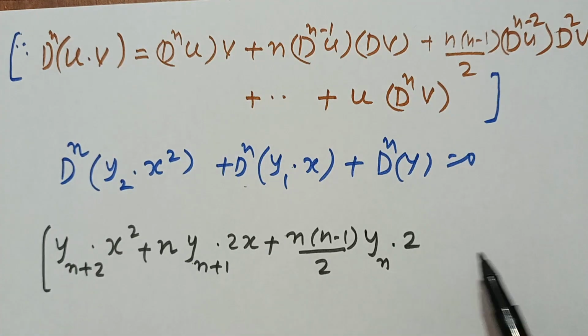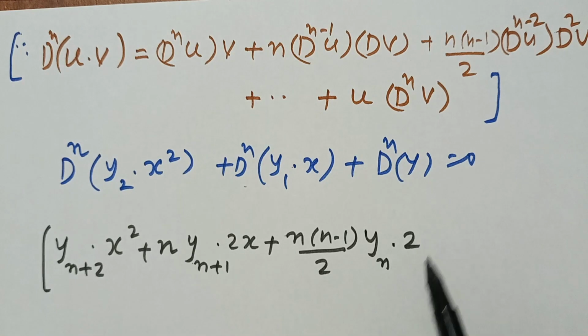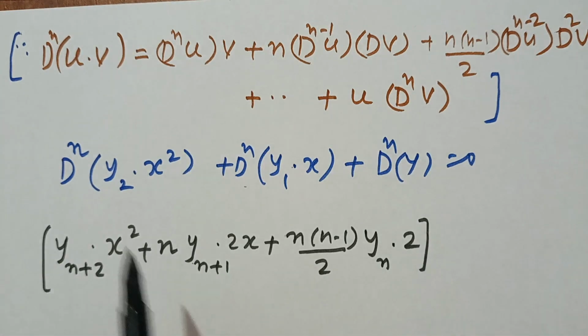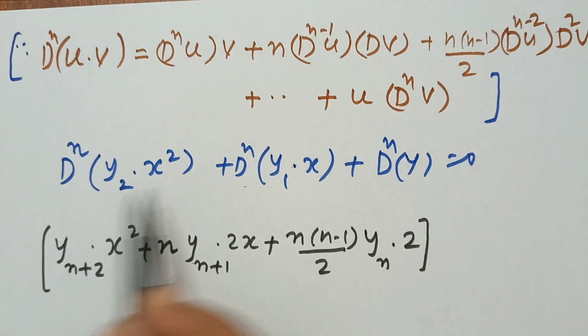Now the next term will be 0 because the differentiation of a constant is 0. So differentiation of the first term is completed.